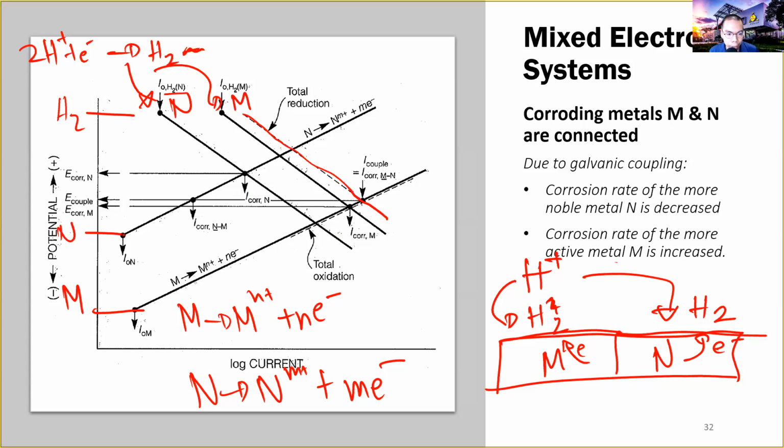And they would have the polarization curves na for M, this one, and for N, na ito. Then again, from mixed potential theory, we need to add these two. We get itong corrosion, itong oxidation curve na ito, or oxidation polarization, or the anodic polarization curve here.